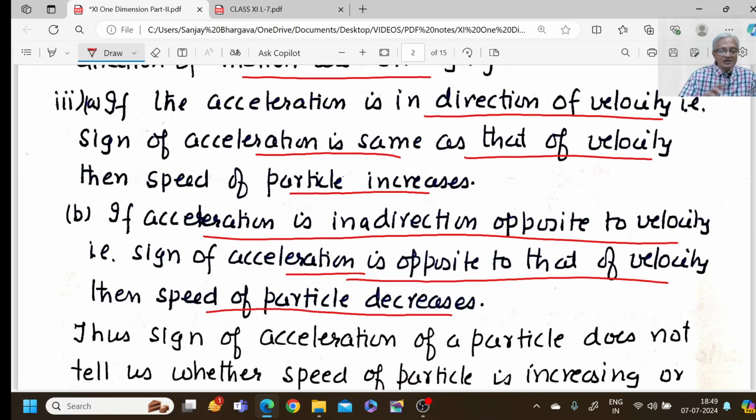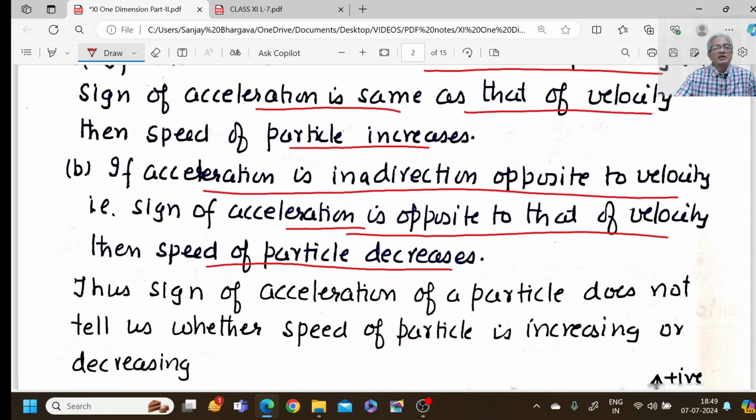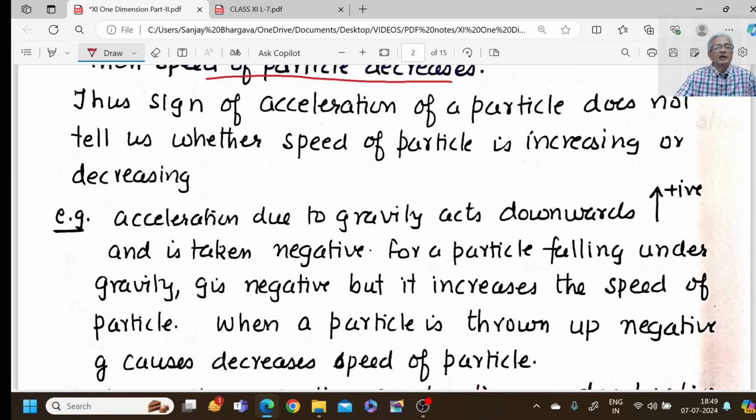So it tells us under what condition the speed of a particle increases and when it decreases. If the acceleration and the velocity have the same direction, the speed increases. If they have opposite directions, the speed of the particle decreases.